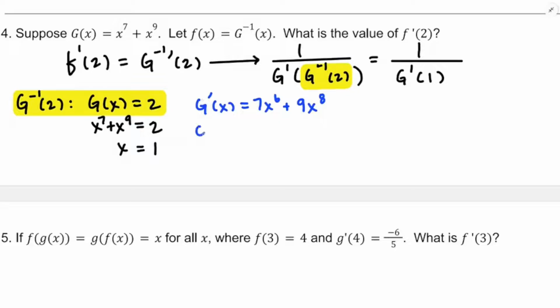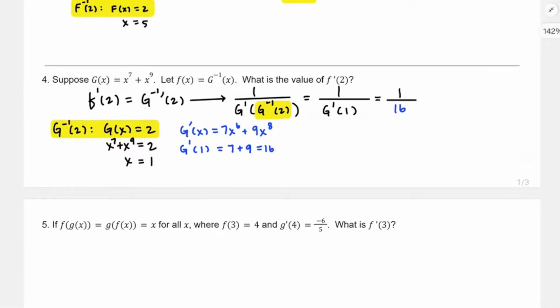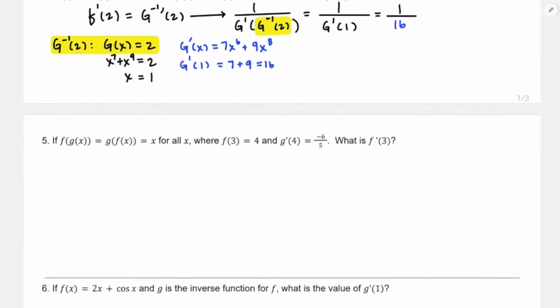Then I can plug in 1 to get g prime of 1, and that would be 7 plus 9. All right, I've got 1 over that, 16. You could even copy in the 7 plus 9 if that made you feel more comfortable. All right, that's the value of f prime of 2.